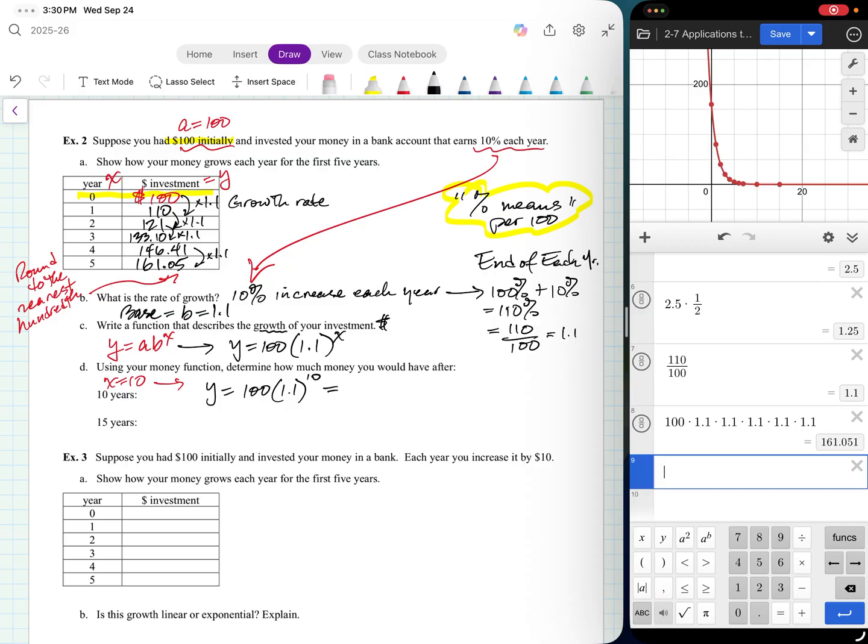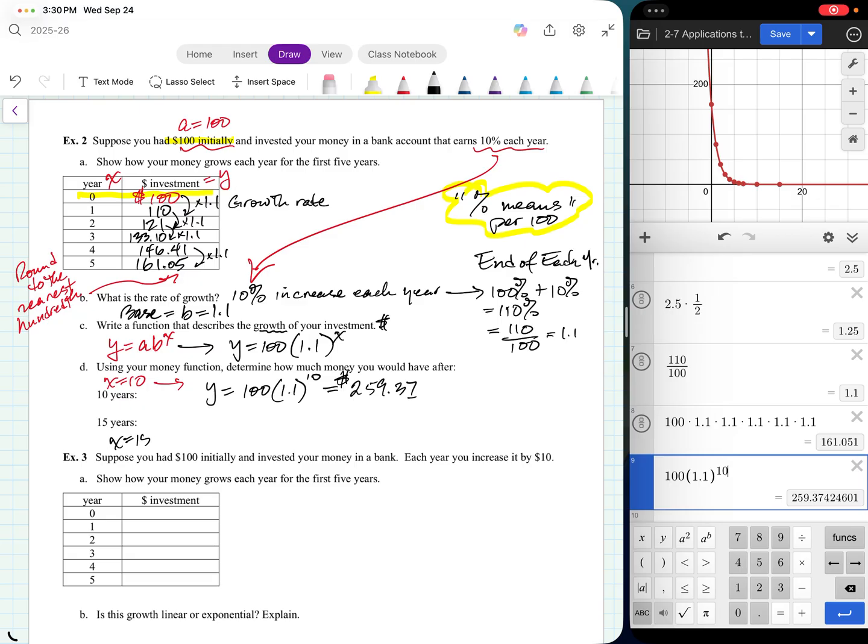Well, there's different ways to do it. The simple way, one way to do it, is you take 100 times 1.1 and raise it to the 10th power. This is the first way. And we're going to get $259.37. We have to round it.